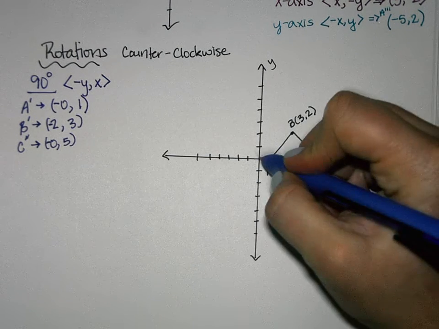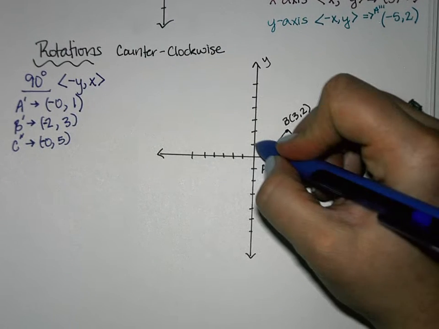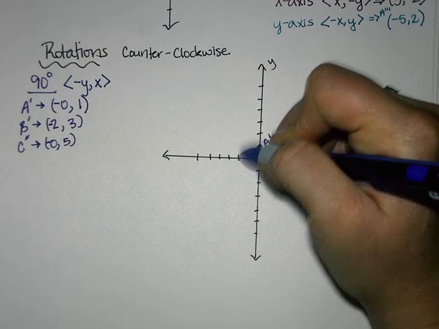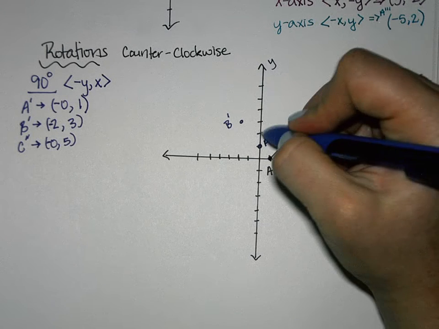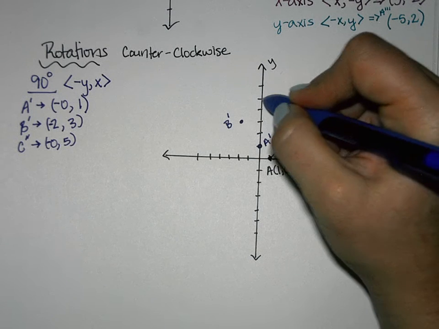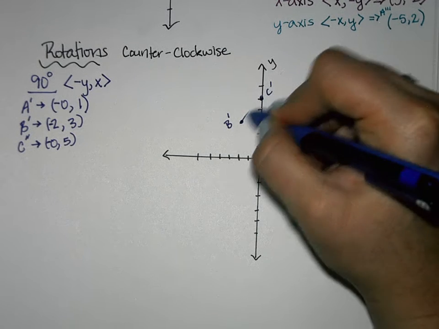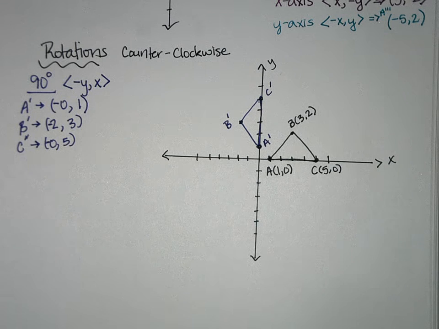So there's no such thing as negative 0, it's still just 0. So we can go to 0, 1 and plot A, negative 2, 3 to plot B, and 0, 5 to plot C. And then when you connect the dots, you can see that you've rotated 90 degrees.